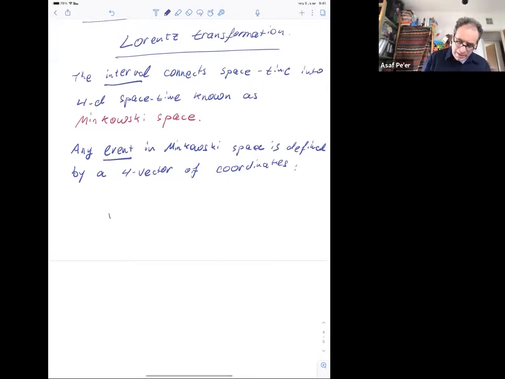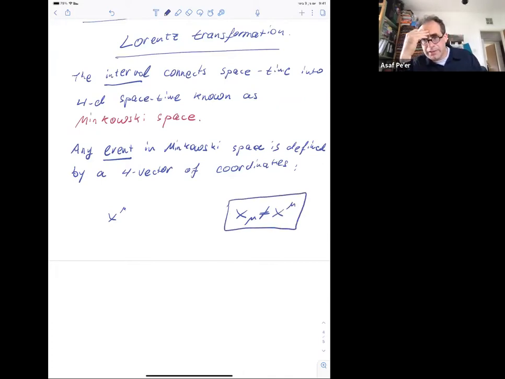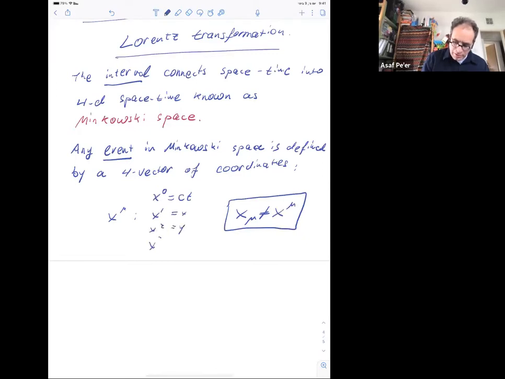Which we denote with x mu. Careful, mu is an upper index. X mu with a Greek letter upper index, that's the standard, which is simply x0 is ct, x1 is x, x2 is y, and x3 is z.